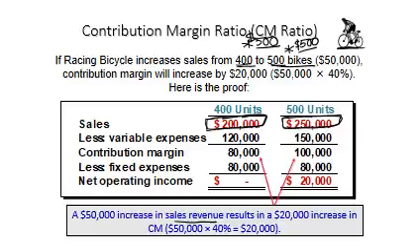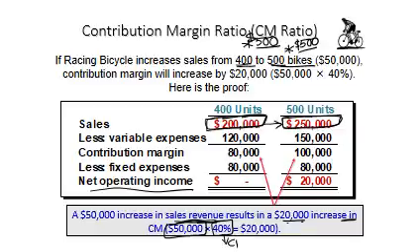So then all we are saying is that a 50,000 increase in sales revenue results in a 20,000 increase in net operating income. And there is a shortcut to calculating that, which is 50,000 increase in sales revenue times contribution margin expressed in percentage, the contribution margin ratio.